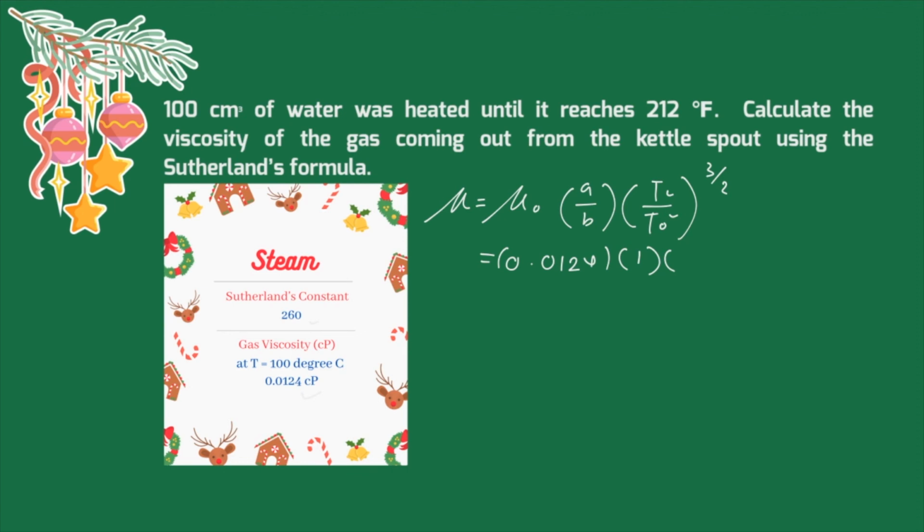Dividing the same number, you get 1 as well to the power of 3 over 2. So definitely your viscosity is equivalent to 0.0124 Cp. So this is the final answer for the last question in test 2.